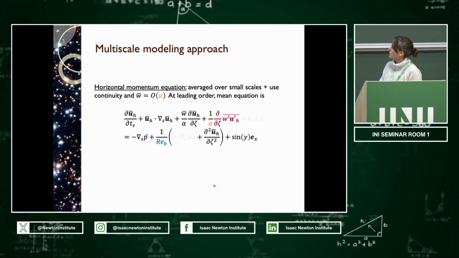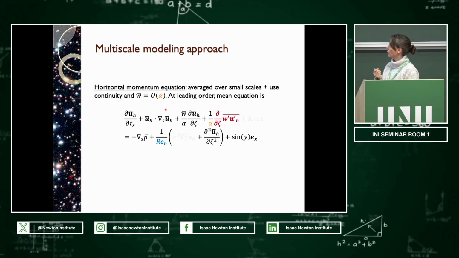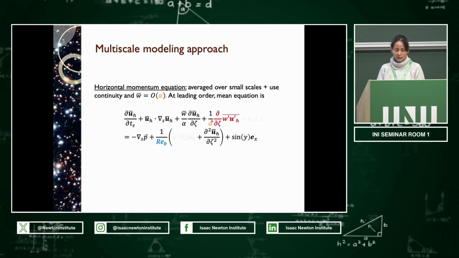And then for the horizontal momentum equation, if you look at the horizontal momentum equation averaged on the fast time scale and the fast horizontal scales, you get something like this. And it looks very regular. And you have this additional term here, which is the standard Reynolds stress. And the Reynolds stress picks up a 1 over alpha. And so for it not to be much bigger than everything else, we require that this quantity here be of order alpha.